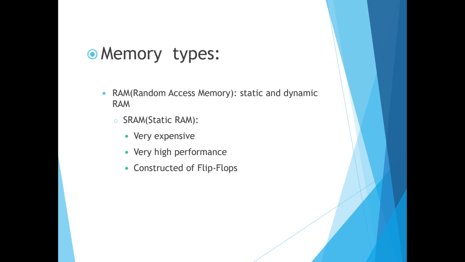Please refer to a dictionary to find the meaning of volatile. About RAM, random access memory, we have two types, static and dynamic RAM. At first, I talk about the static one, and then I'll talk about the dynamic type and its different categories.